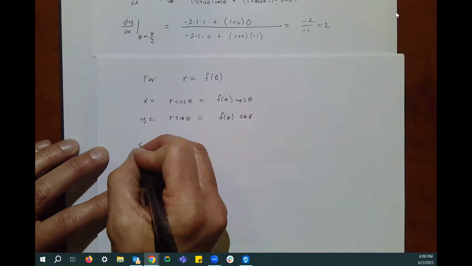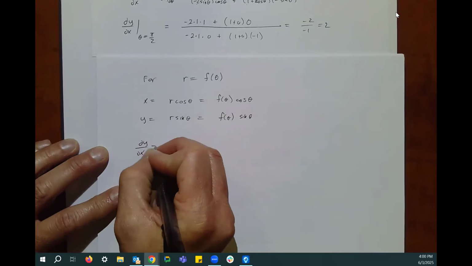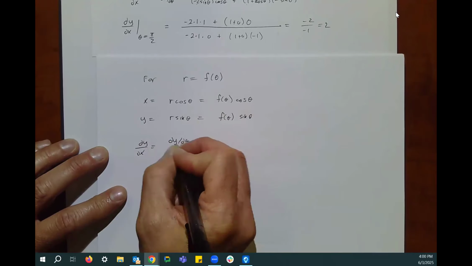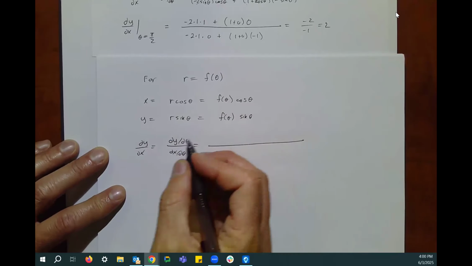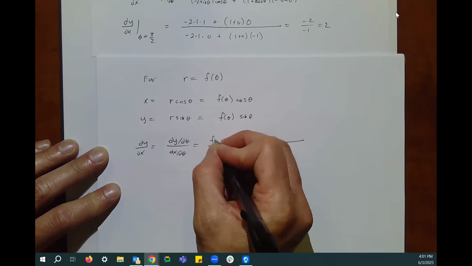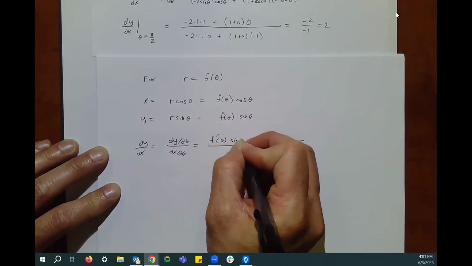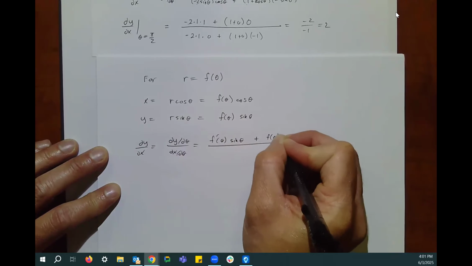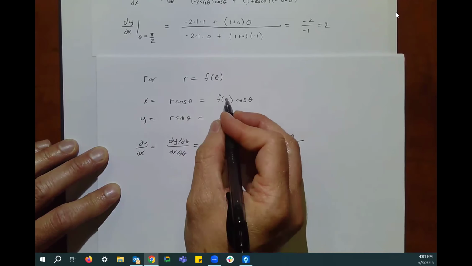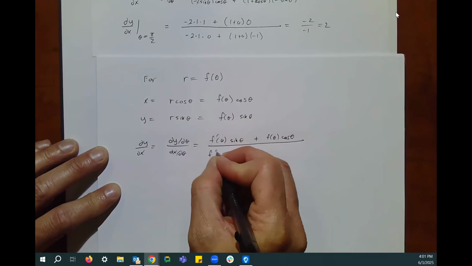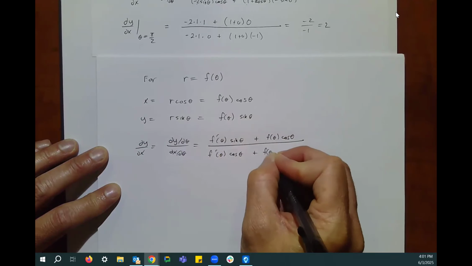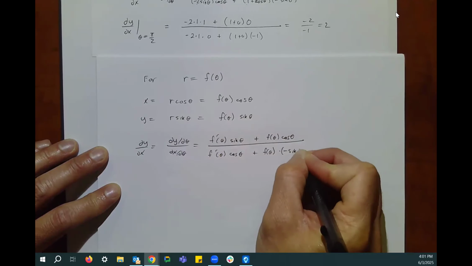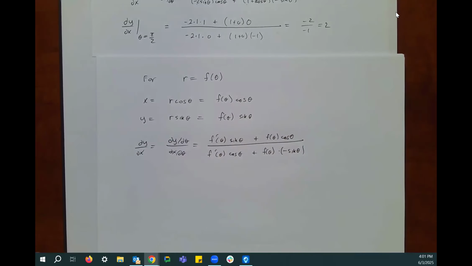Then your dy/dx is dy/d theta over dx/d theta, which both use the product rule. Your dy/d theta is going to be f prime of theta times sine of theta plus f of theta times cosine of theta. And your dx/d theta is going to be f prime of theta times cosine of theta plus f of theta times negative sine of theta. It's not a formula anyone should memorize.